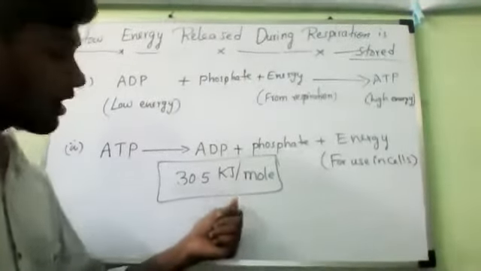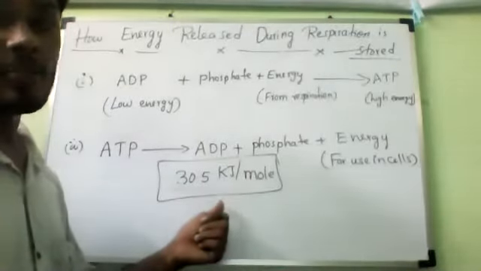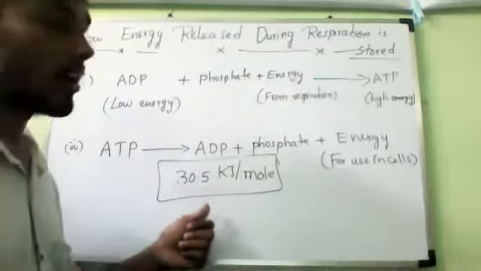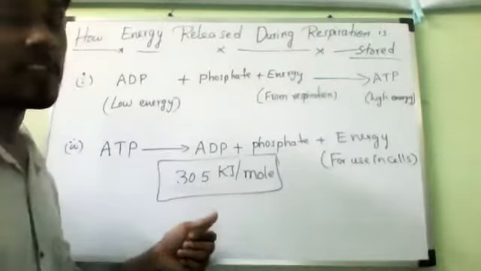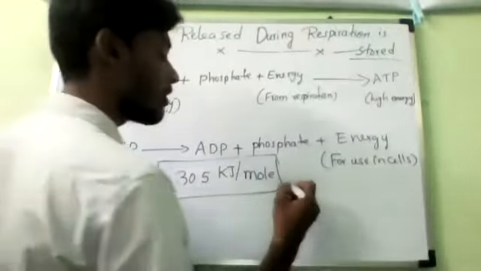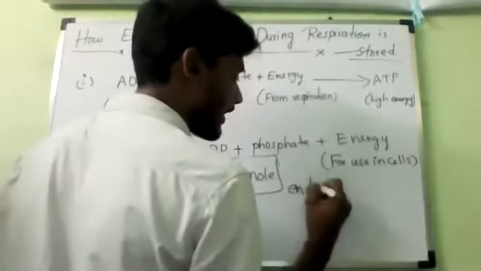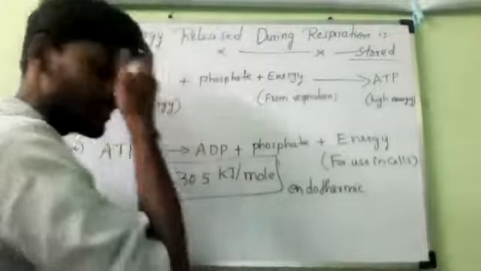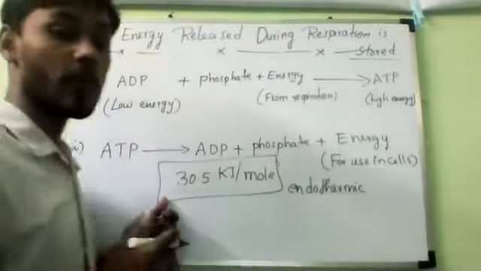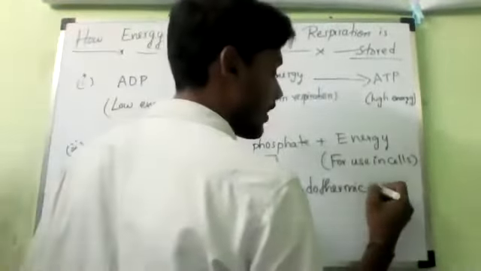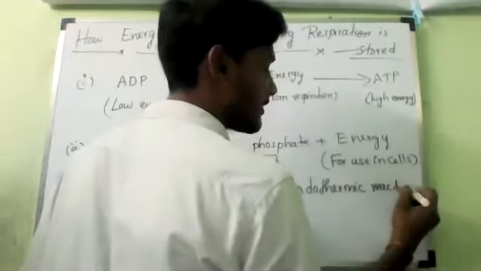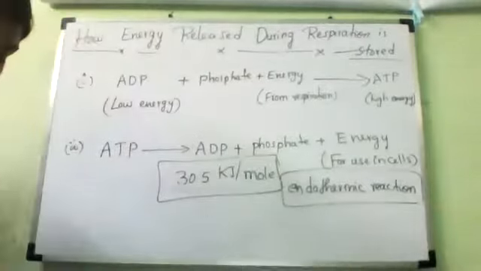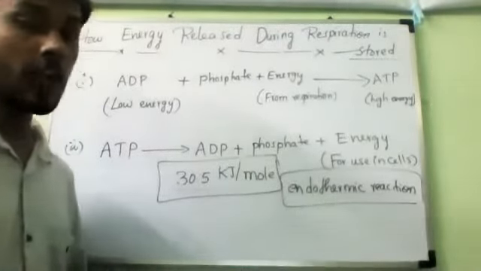Understand? This energy released by ATP is used to carry out all the reactions taking place in the cells. Those reactions are endothermic reactions, not exothermic. Whatever energy is released from ATP is useful for all the endothermic reactions inside the cells.